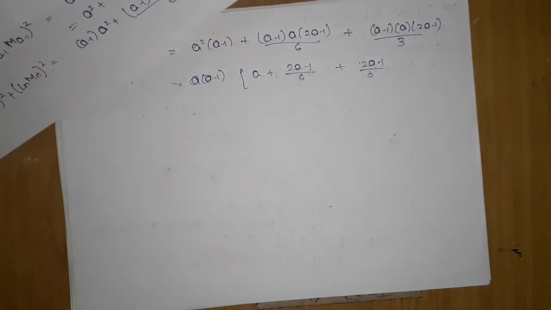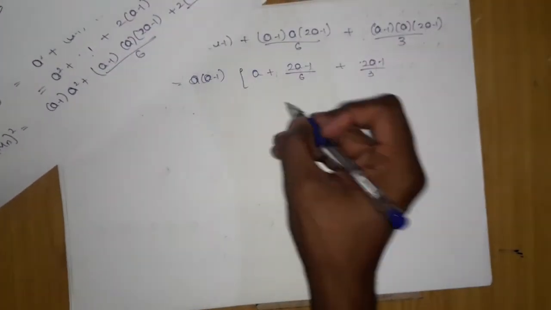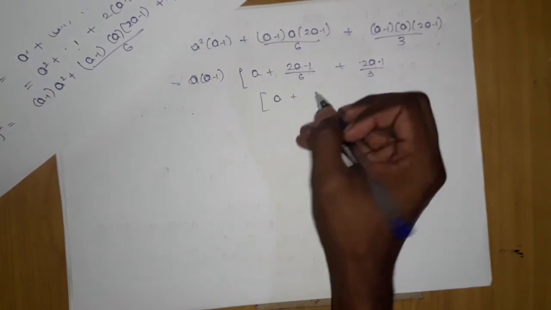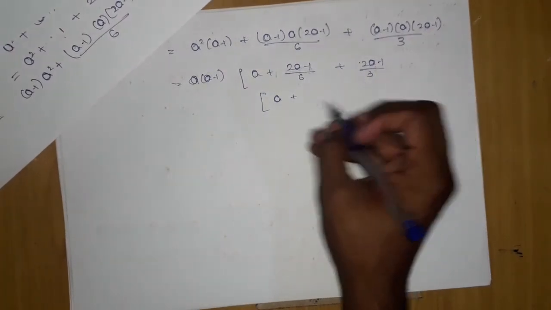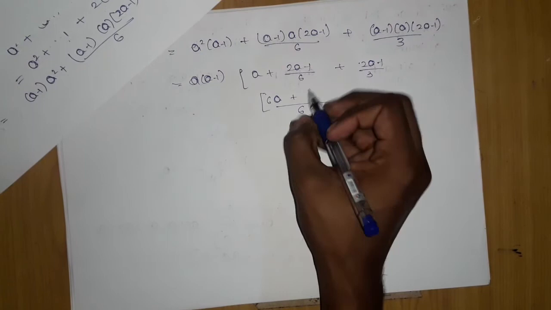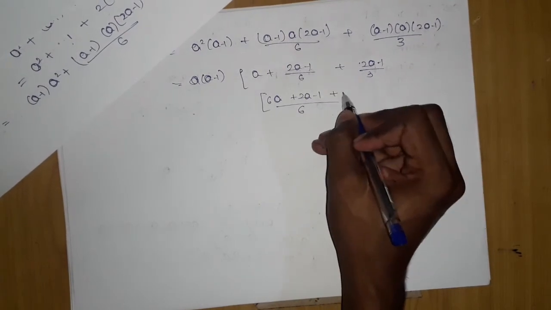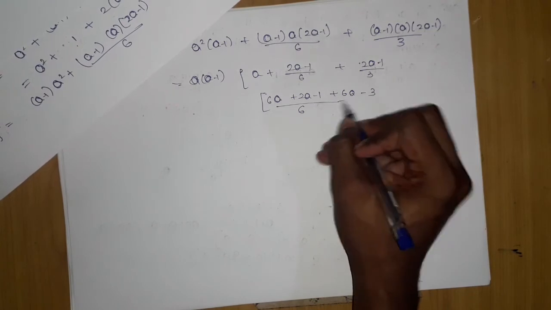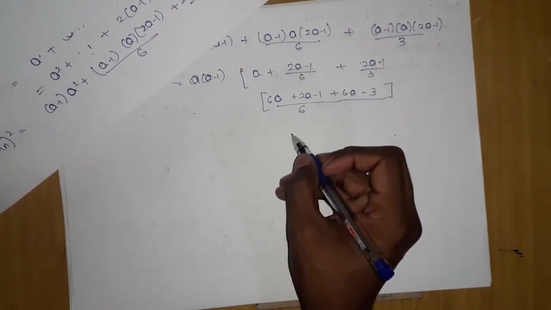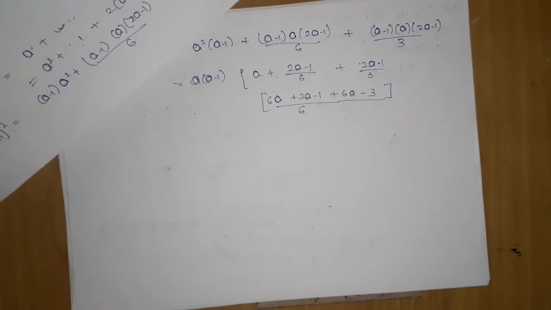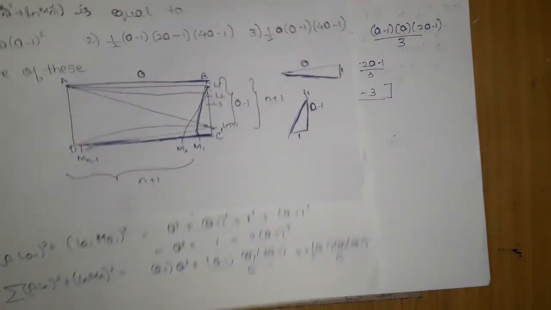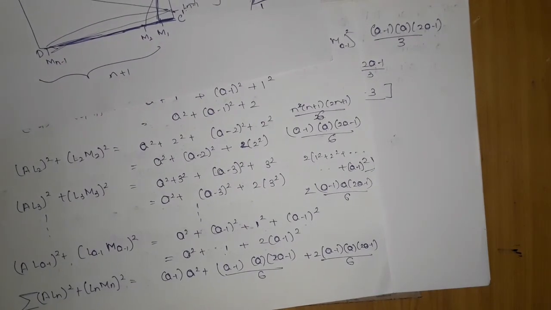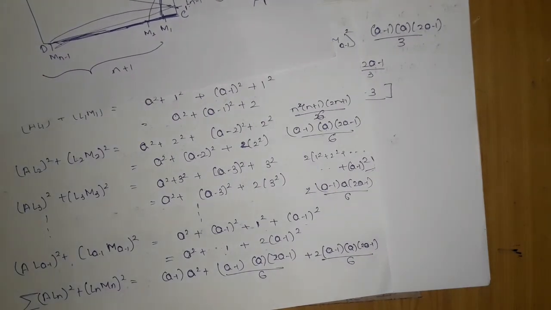So if we add on, a is left here, and this whole will become 6, giving me here 6, 2a minus 1 plus 6a minus 3.